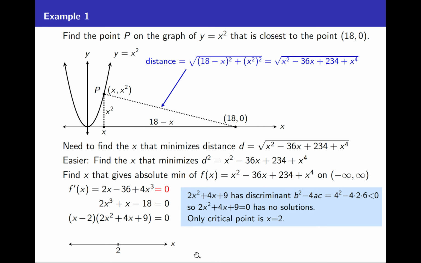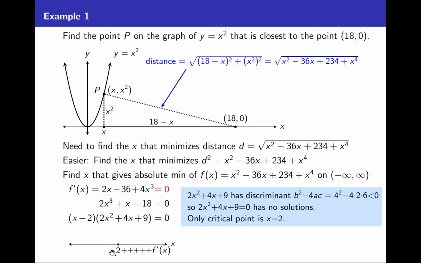We next need to look at the sign of f prime of x. Now, to do this, notice that if x is greater than 2, the x minus 2 is positive, and if you plug in a positive number bigger than 2 into 2x squared plus 4x plus 9, everything in sight is positive, so that's positive.